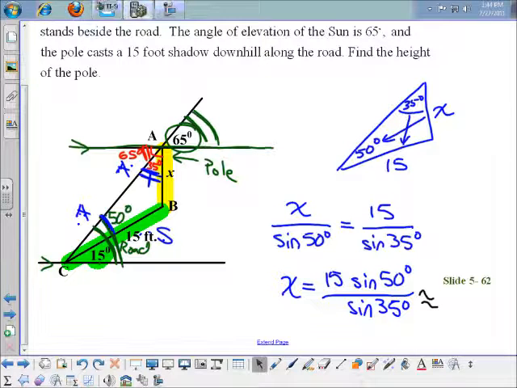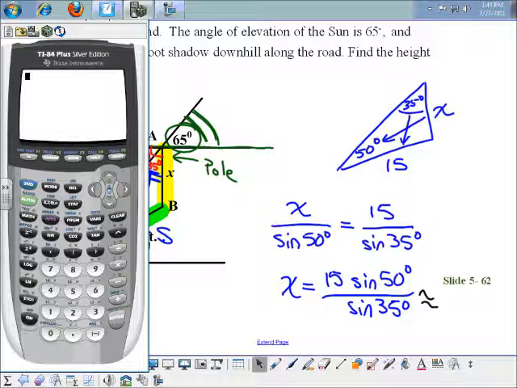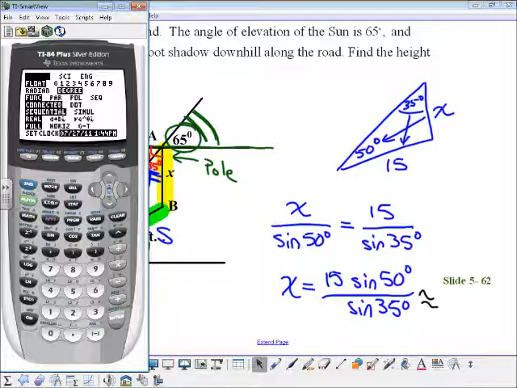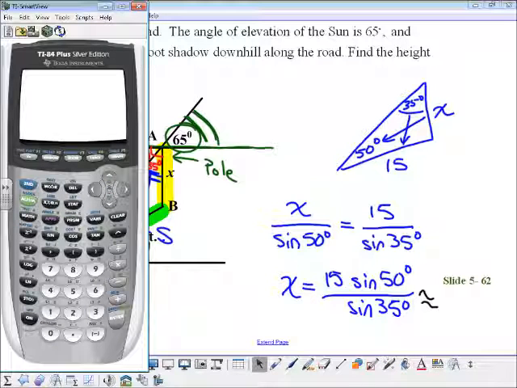Now if you have the TI-83 or 84, once you change the mode, it's going to stay there until you change it or the calculator resets itself because you have low batteries or you dropped it. So 16 sine 50 degrees divided by sine 35 degrees.